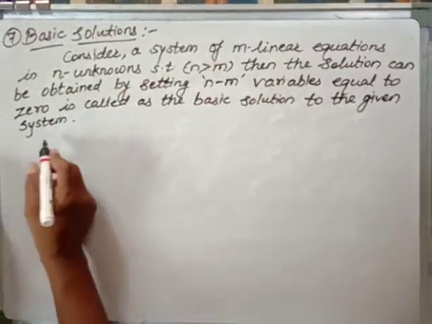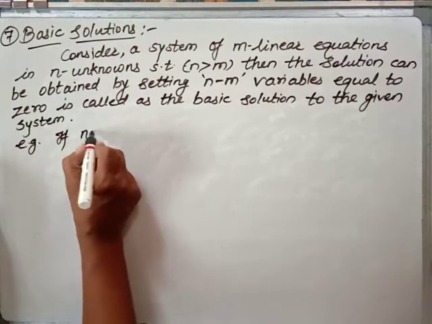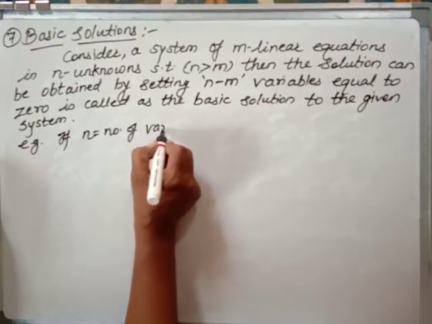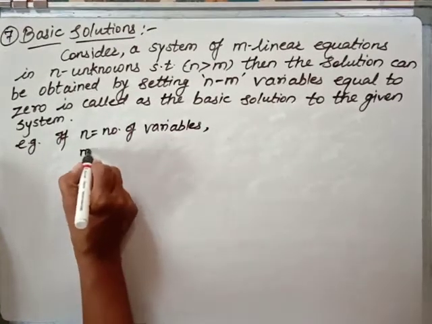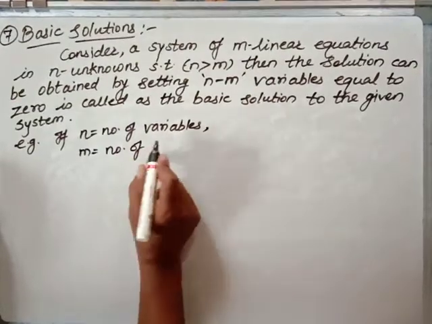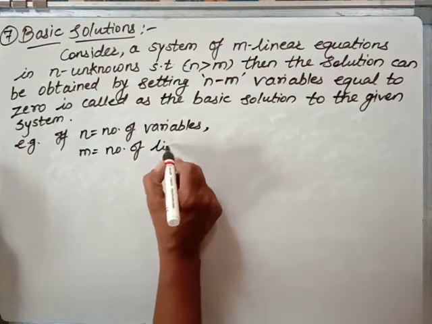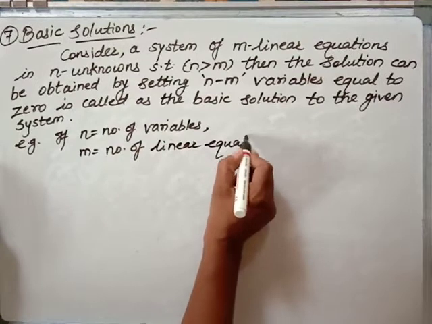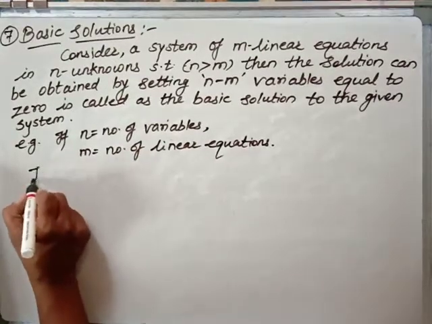For example, n equals the number of variables, that is the same as the number of unknowns, and m equals the number of linear equations.